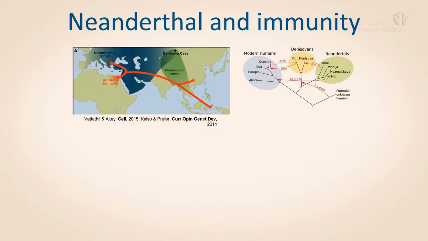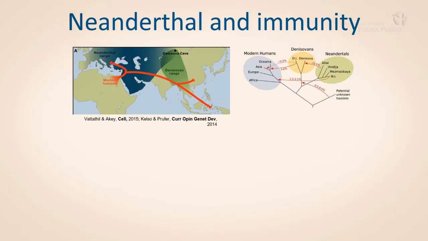Finally, another question that we are interested in is how Neanderthals have shaped our immune responses. We know today, thanks to the massive amount of work on ancient DNA, that the genomes of Europeans and of Asians can have up to 6% that derives from archaic hominins, such as Neanderthals or Denisovans.